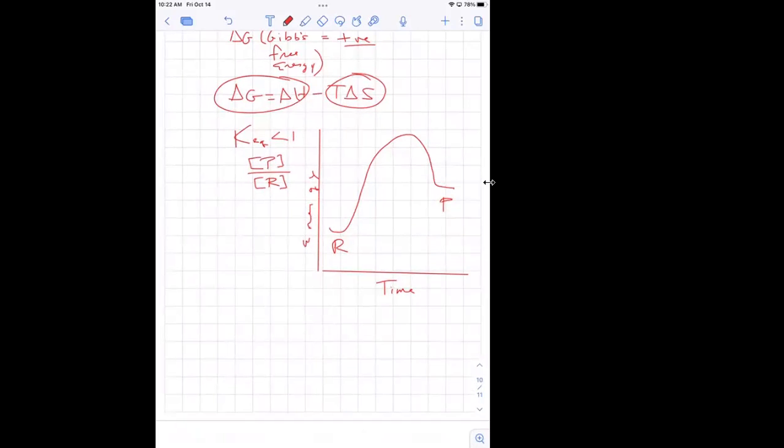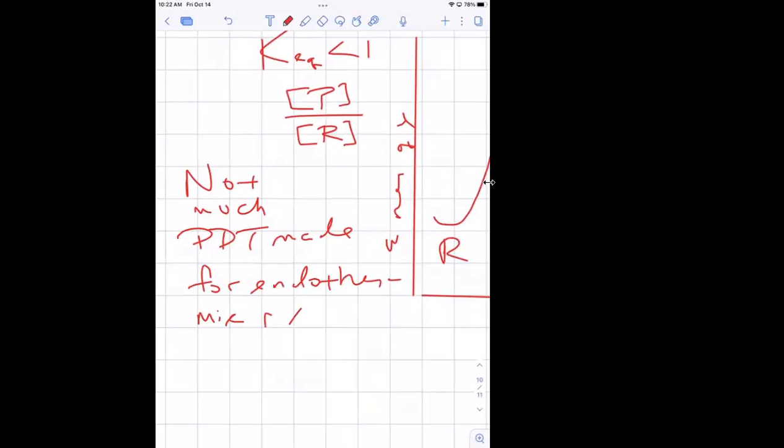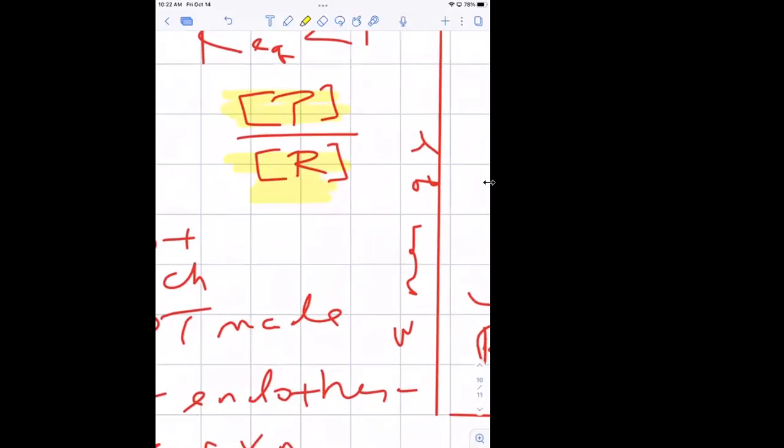So for an endothermic reaction, there's not a lot of product made. But there's a whole bunch of reactants left over. So if this is a quotient, not much product made for an endothermic reaction. So this number right here is going to be small. There's a whole lot of reactants left over. So that number is going to be big.